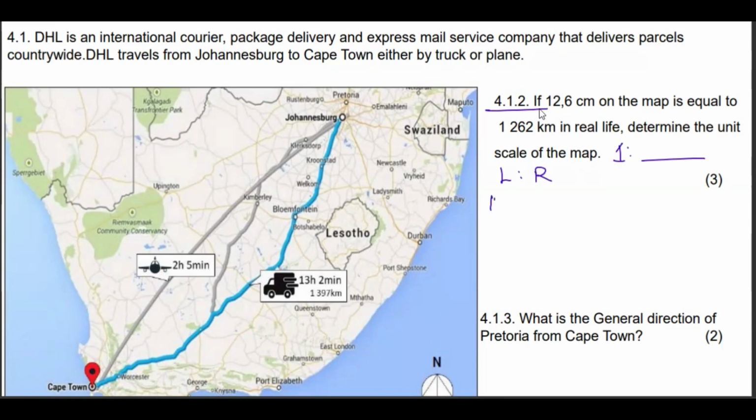So we shall say 12.6 centimeters are equivalent to 1,262 kilometers. We divide through because I'm looking for that unit. So this becomes 1. 1 centimeter is equivalent to 1,262 divided by 12.6. So the answer becomes 100.16.